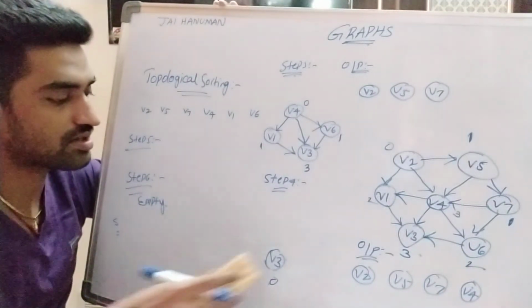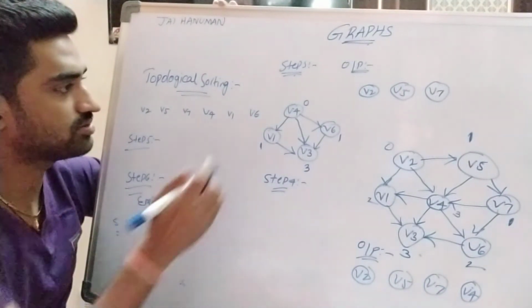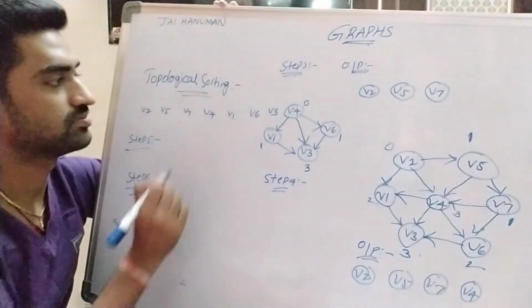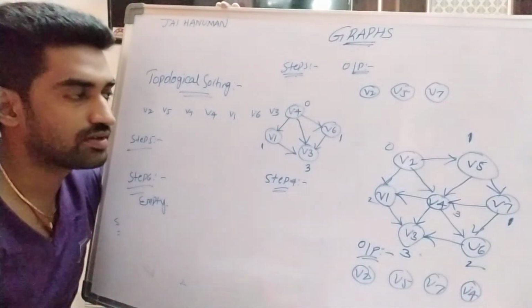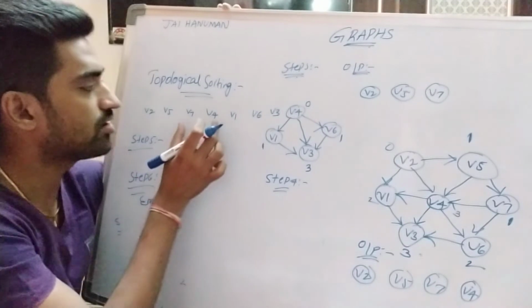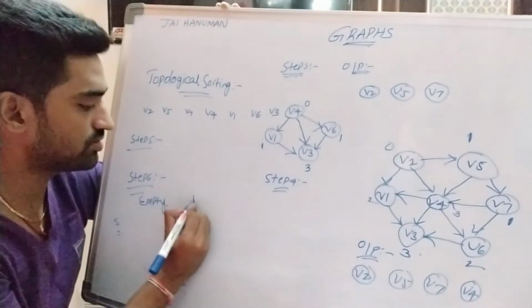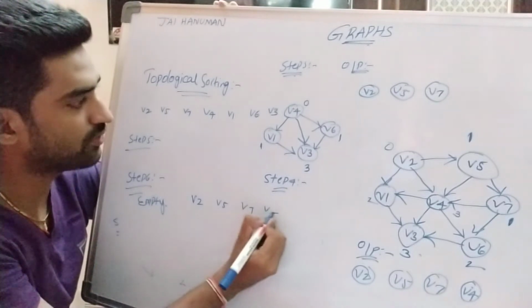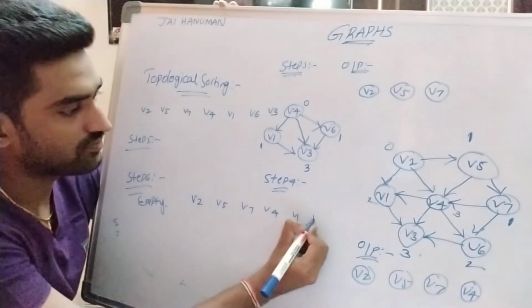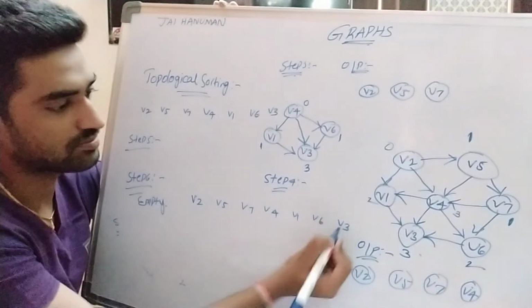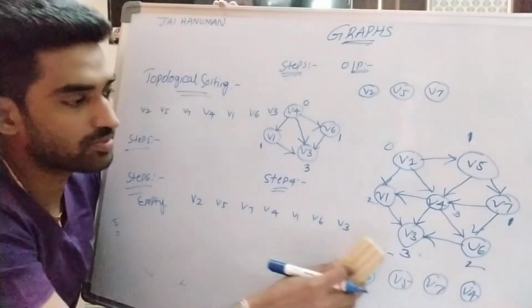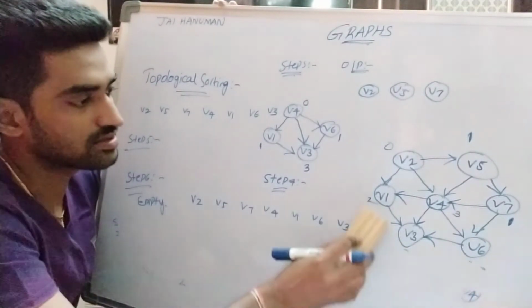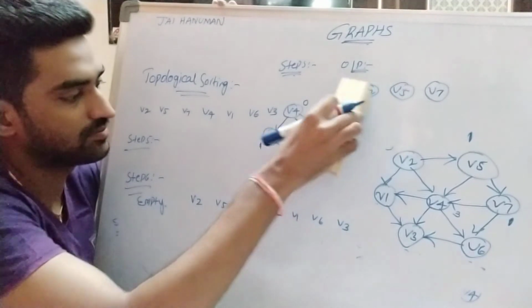So that's why you can stop the process and add it to the output, right? So this is the topological order for this graph: V2, V5, V7, V4, V1, V6, V3, right?